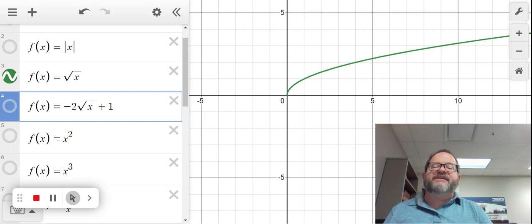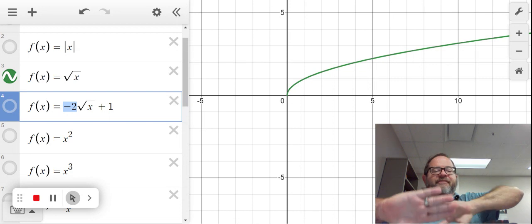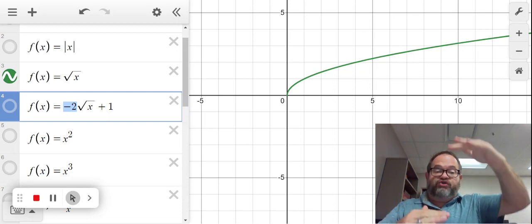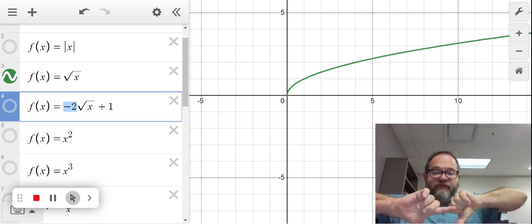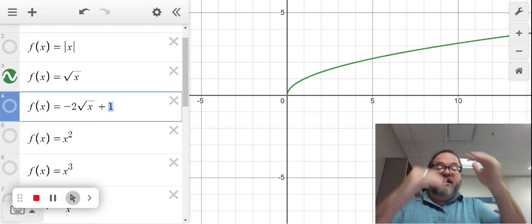What are we anticipating this to look like? We're multiplying by negative 2 outside of the parent function. So we think the parent function has been stretched, but also flipped. I'm thinking my function will look like the green curve, but stretched vertically and then flipped over. And then plus 1, that's addition outside of the original function, so it'll all be shifted up a little bit too.